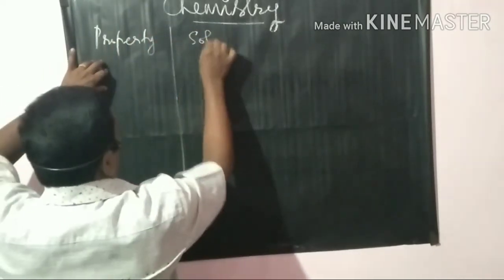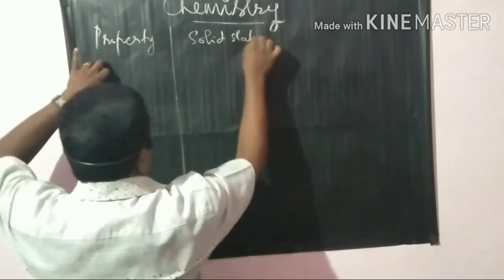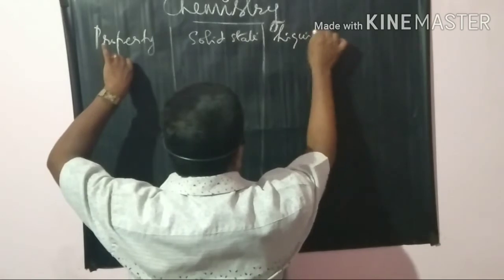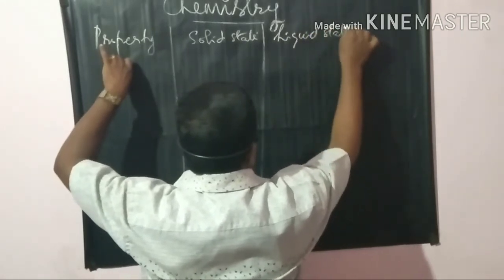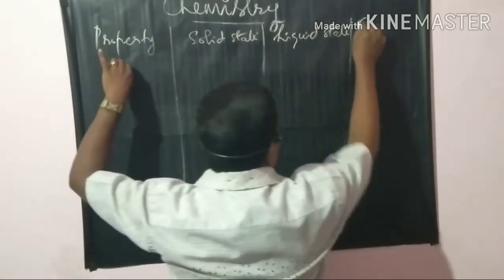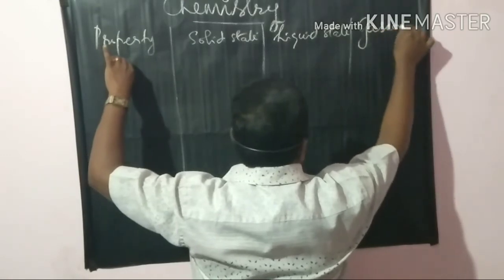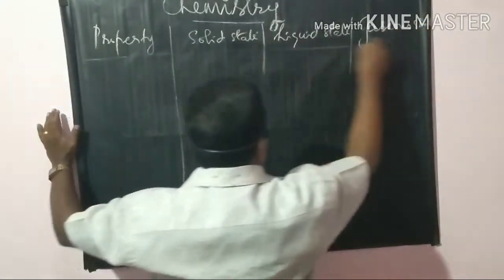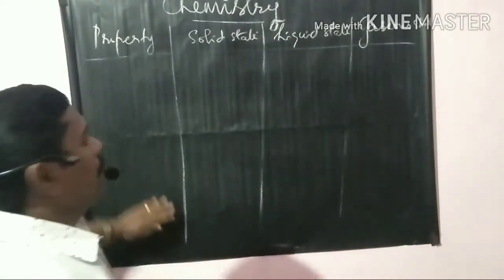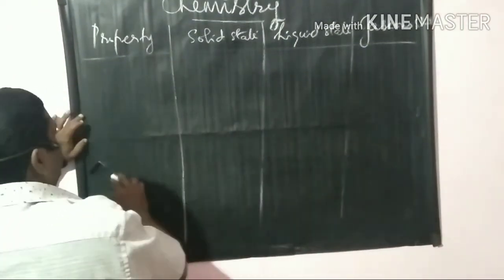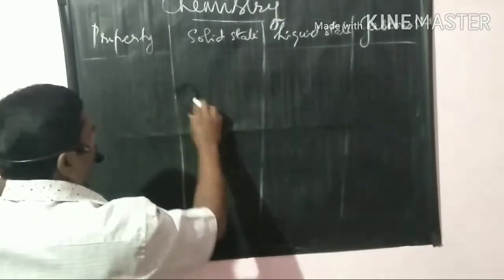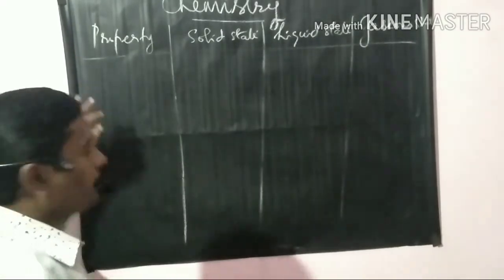Second column, the solid state. Next one, liquid state. And finally, gaseous state. And you have to tabulate one by one.